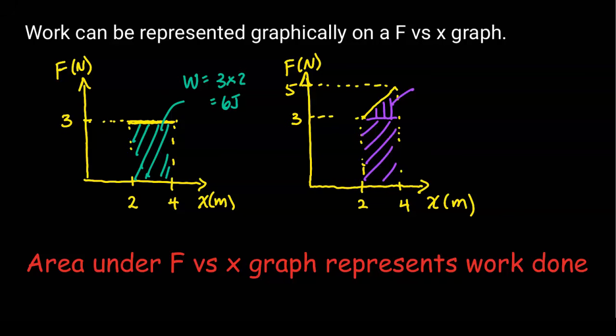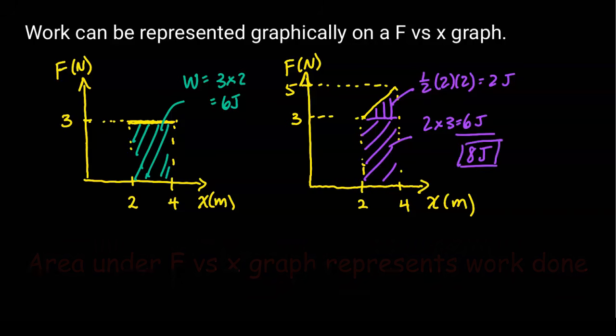For the triangle, it's 1/2 base times height, so 1/2 times 2 times 2, I get 2 joules. Then down here it's a rectangle, so base times height, 2 times 3, and I get 6 joules. If I combine these two, 6 plus 2, I get a total of 8 joules of work done by this force.